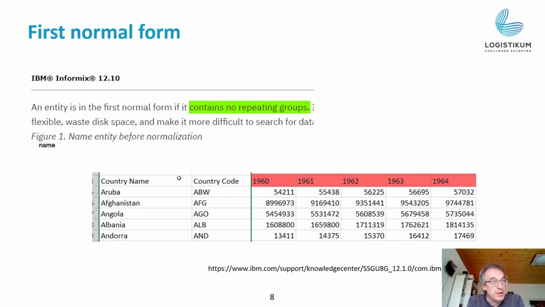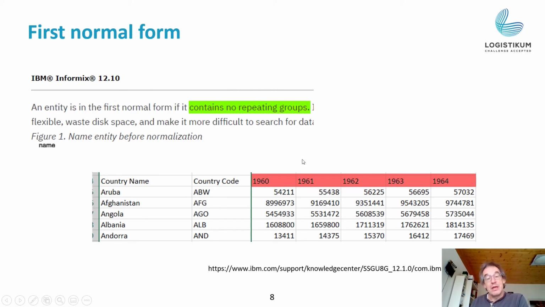He said that the information in tables had to be stored in a table that uses the first normal form. On Informix, here is a really good explanation of what first normal form means: an entity, that is a table, is in the first normal form if it contains no repeating groups.